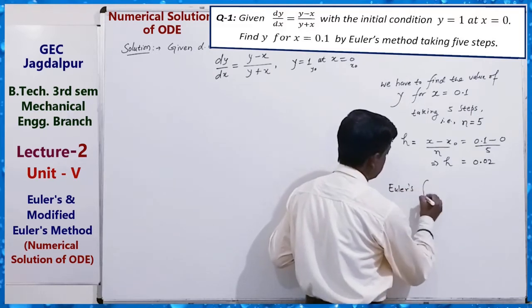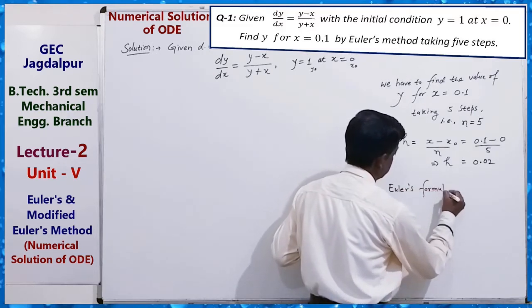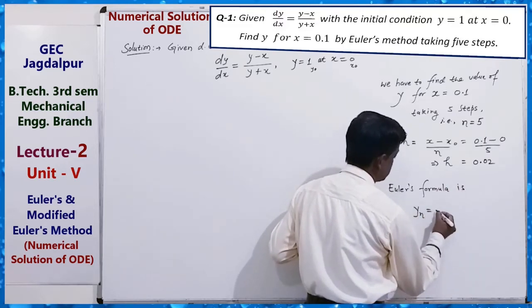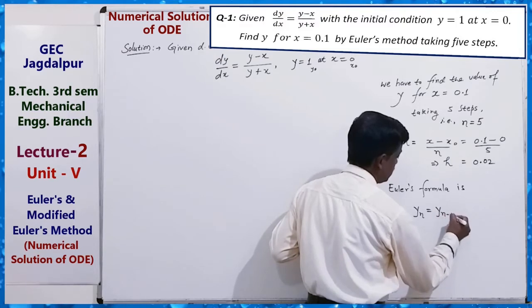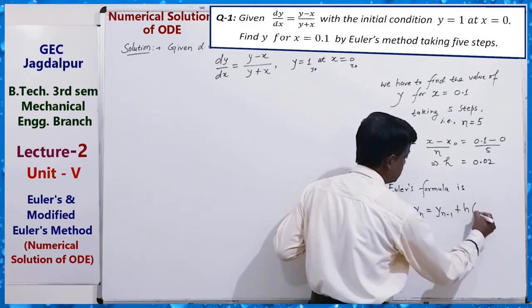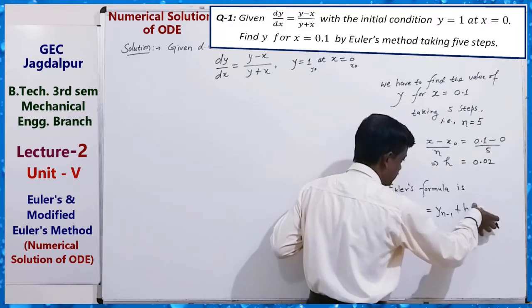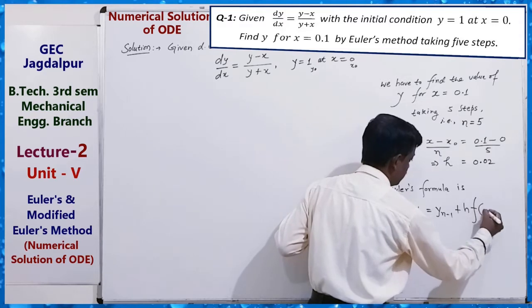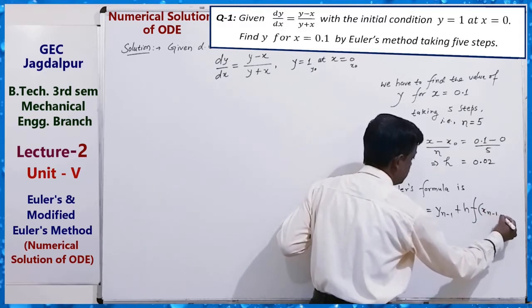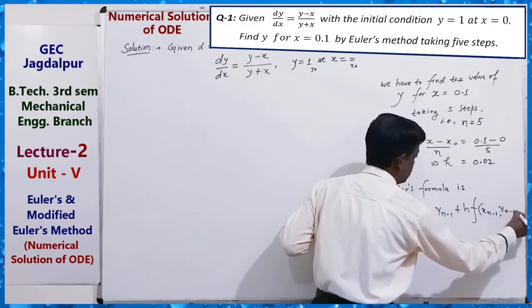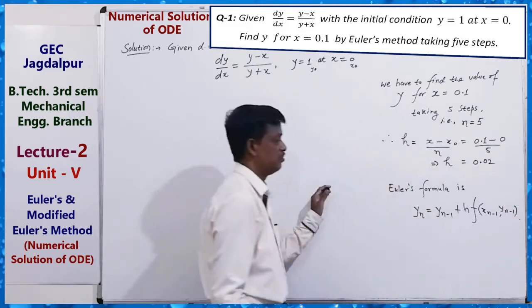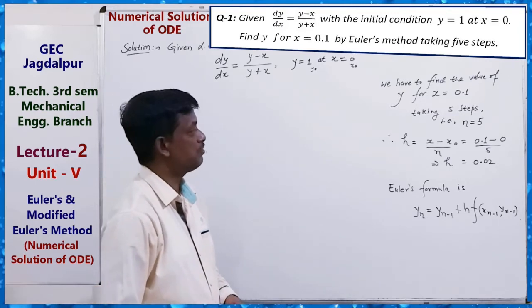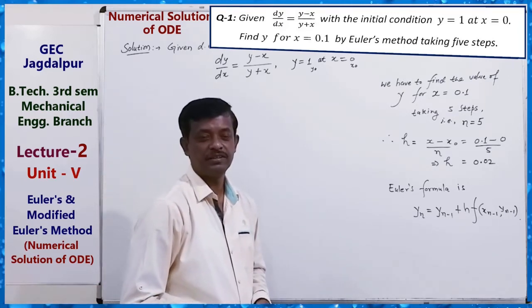Euler's formula is yn equals yn minus 1 plus h f of xn minus 1, yn minus 1. This is the Euler formula. Clear? So here how many steps are there? 5 steps.